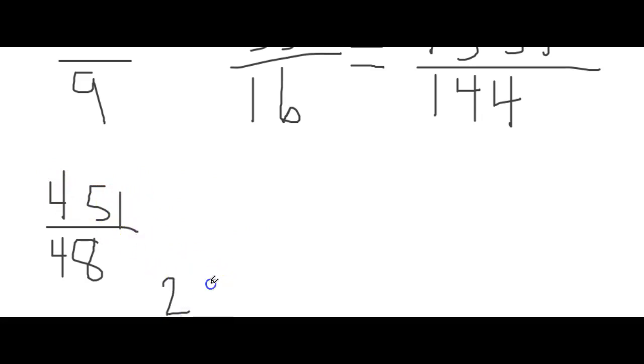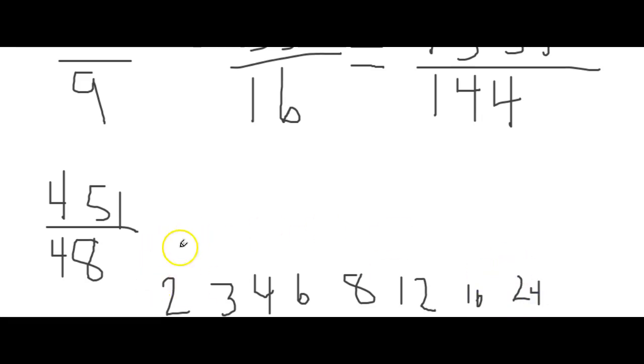So we said 2, we said 3, we said 4, 6, 48. Let's see. 4 times 12, 3 times 16, and 2 times 24. Okay. Now, if you divide all of these into 451, you will find that none of these are directly divisible by 451.